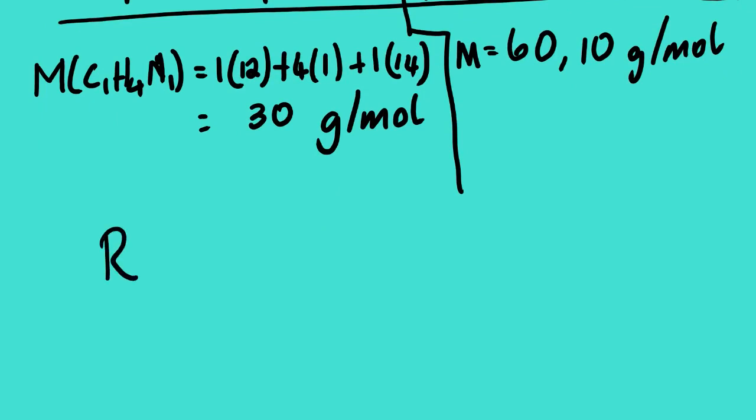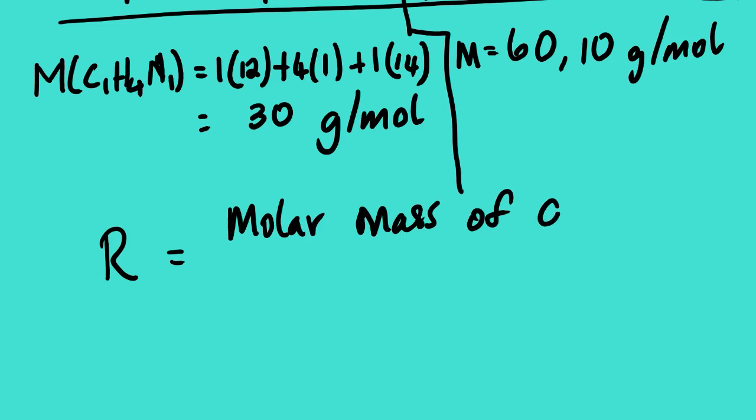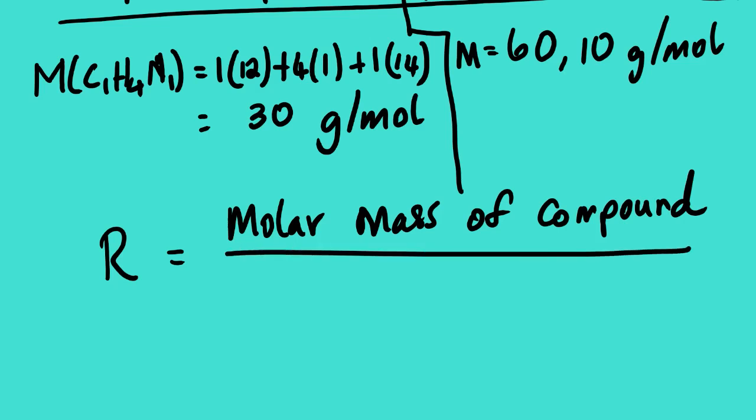To find the ratio, we need to divide the molar mass of the compound with the molar mass of the empirical formula.